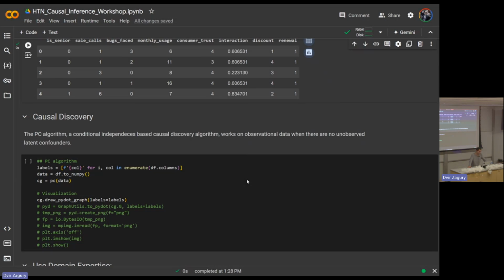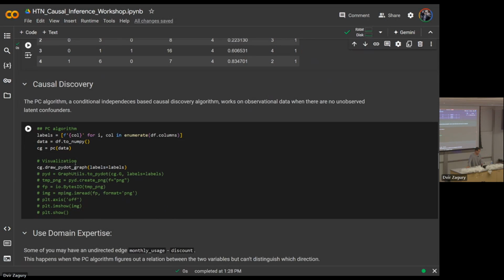There's other algorithms that we won't get into, but the two big things is that there's, this is a bit jargony, no unobserved latent confounders. What this means is that there's no hidden variables that cause two things or multiple things, or that are a common cause to other stuff.